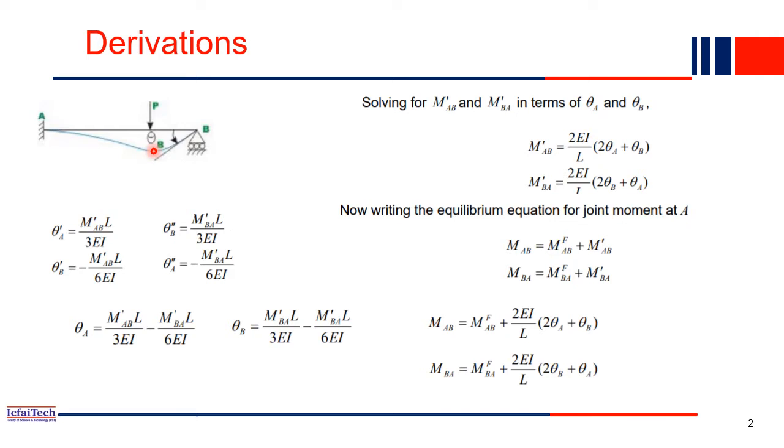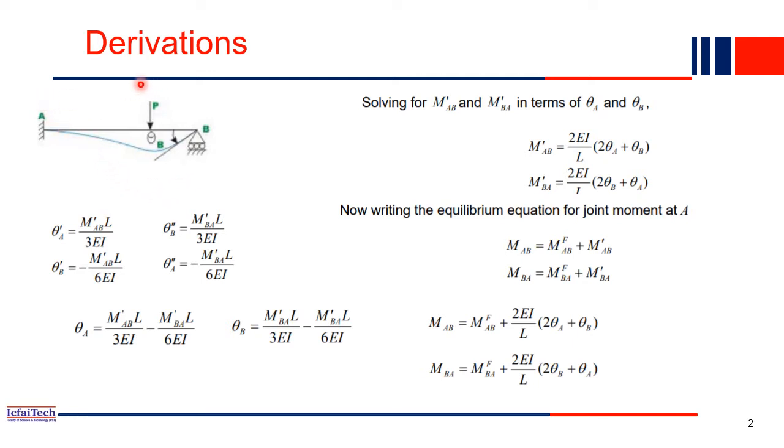So let's get started. Initially we'll try to derive the equations of slope deflection and then we'll try to solve it. So what is this method name? Method name is slope deflection equation method. So basically we have to derive an equation which relates slope and deflection in a structure, basically with moments, and that will give us slope deflection equations.